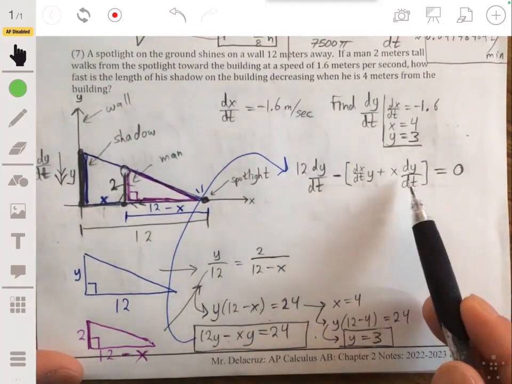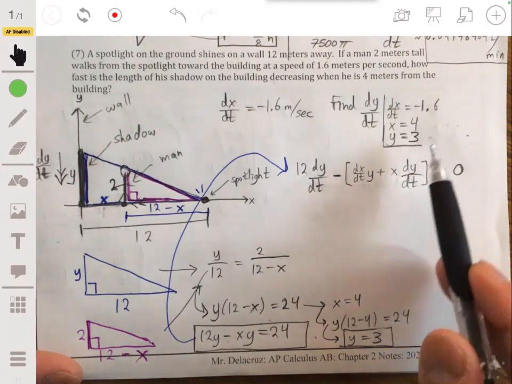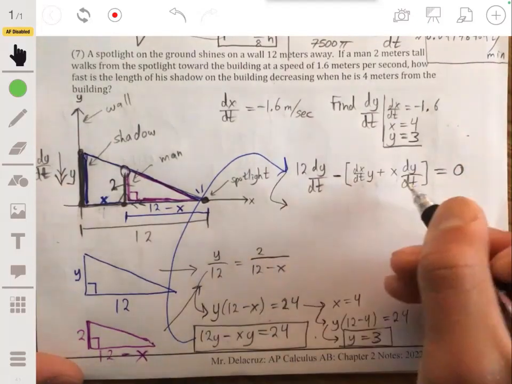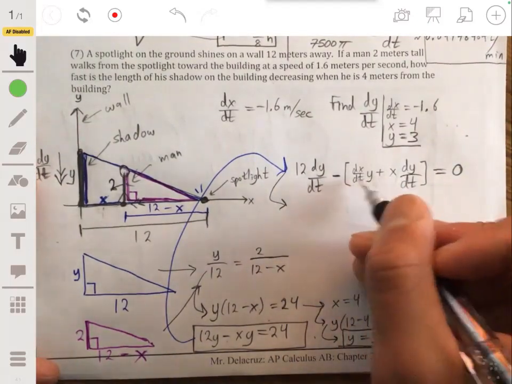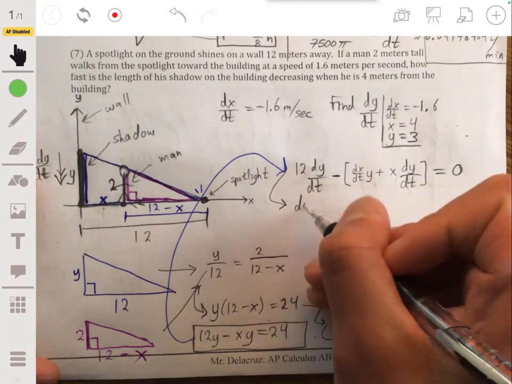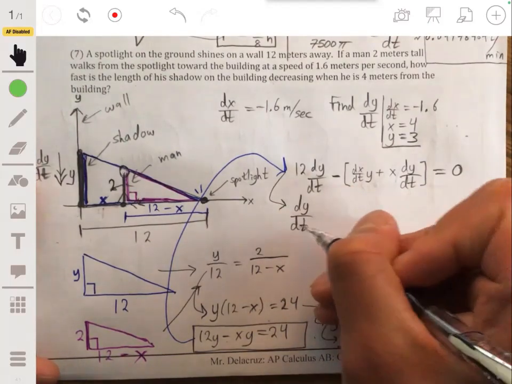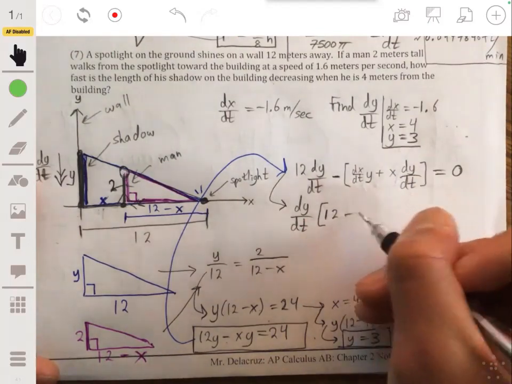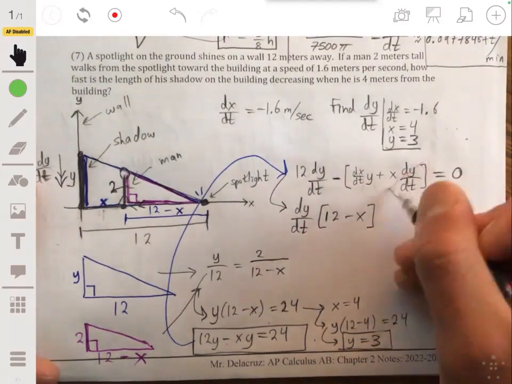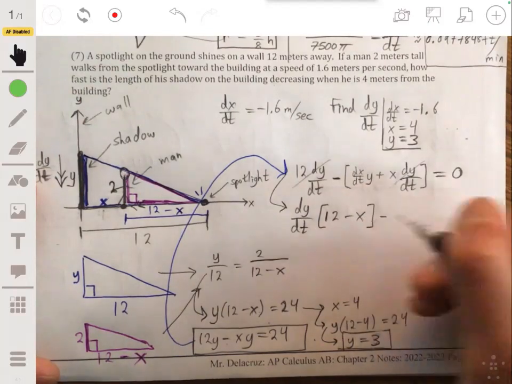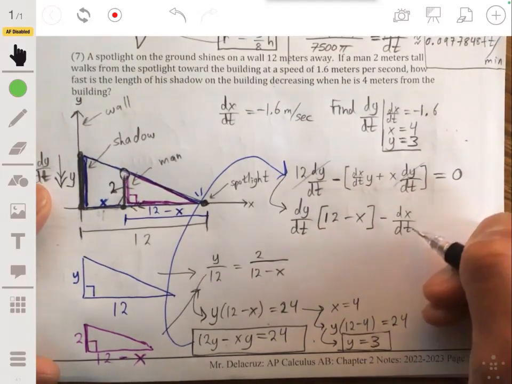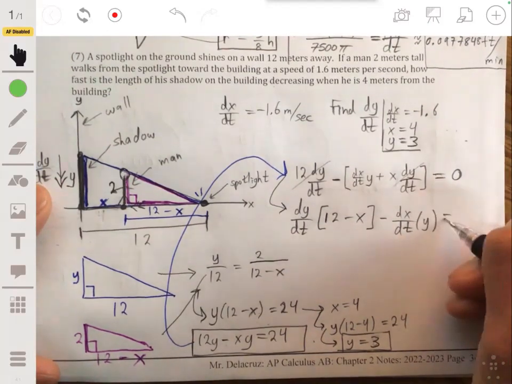Solve for dy/dt and plug in your values for x, y, and dx/dt from here. So dy/dt is multiplied by that 12 minus x. I'll take care of that. So minus dx/dt times y equals 0.